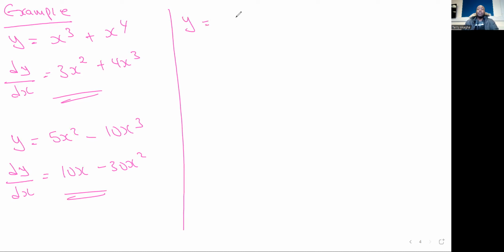Let's say we have y is equal to 2x to the power 7 minus 3x to the power 5, anything. Then dy over dx will now give you 14x to the power 6, because 7 times 2 will give you 14. 7 minus 1 will give you 6, minus 5 times 3 will give you 15. 5 minus 1 will give you what? 4, and that will be the answer.